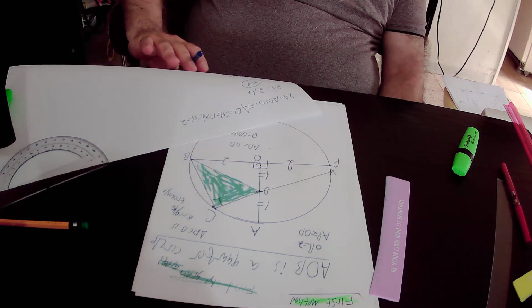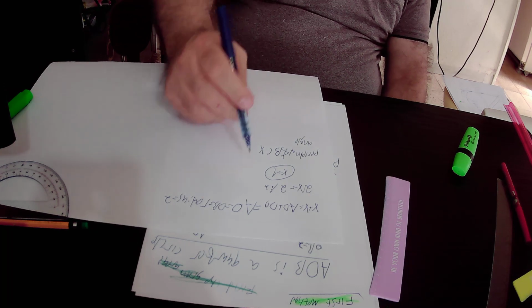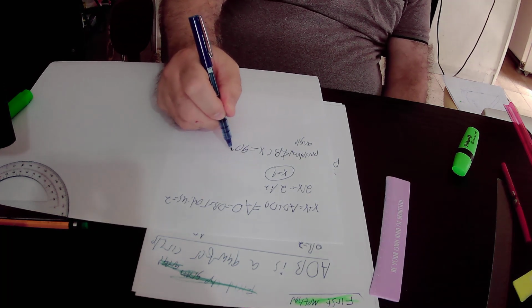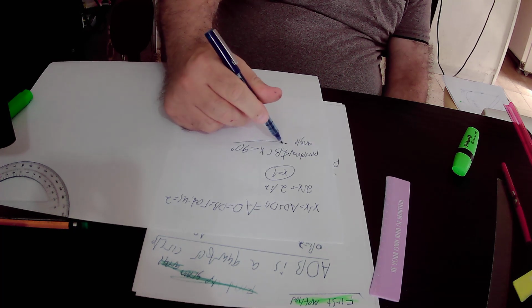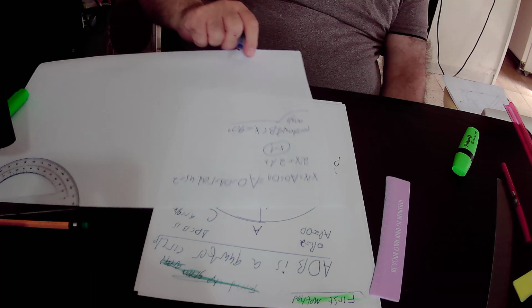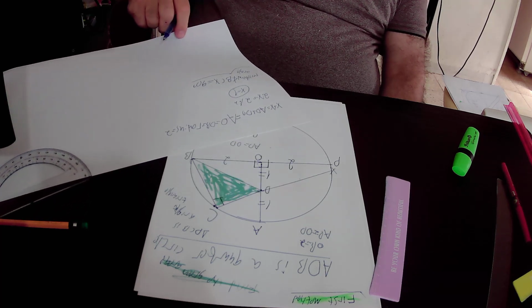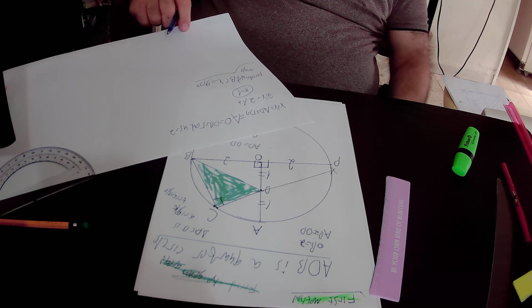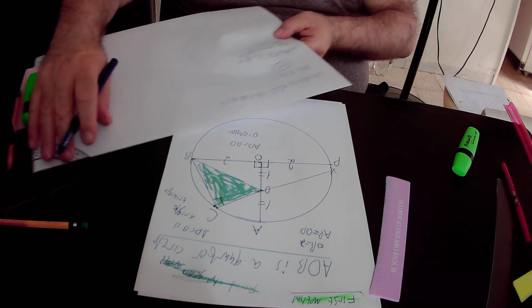It is given in the question. So peripheral angle BCX equals 90 degrees. But according to the rule, any peripheral angle that is equal to 90 degrees must rest on the diameter of the circle.